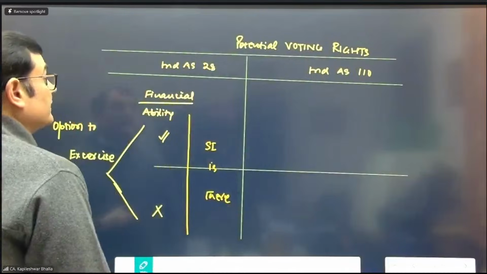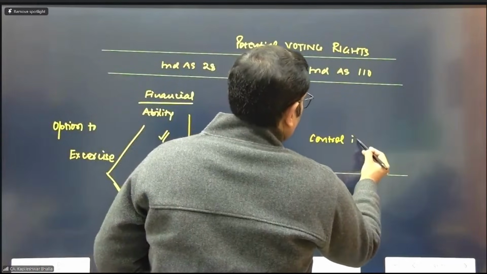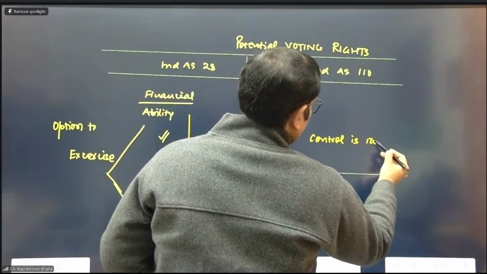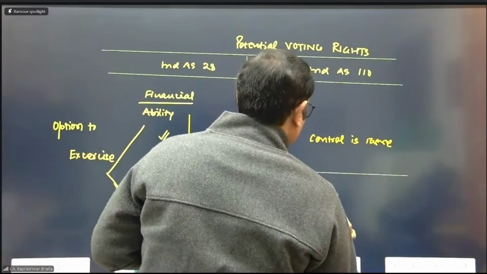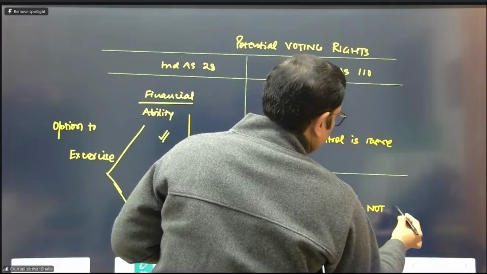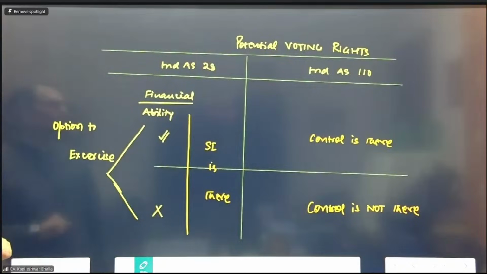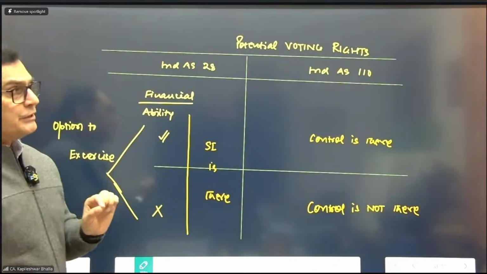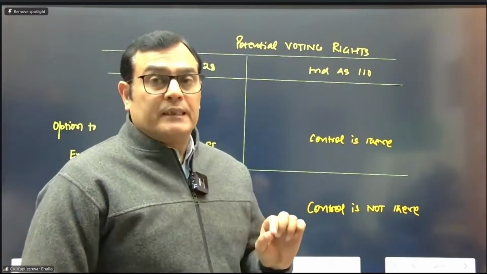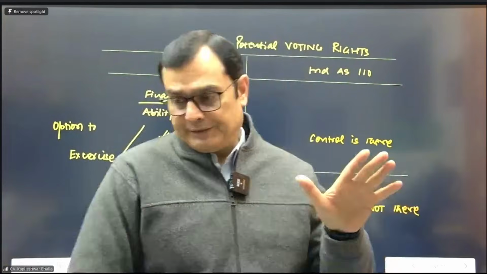But when it comes to Ind AS 110, here we will say the control is there, but here we will say control is not there. If you say that there is no financial ability, the control in this particular case is not going to be there. So that's a distinction in terms of how the potential voting rights under the two different standards are interpreted.